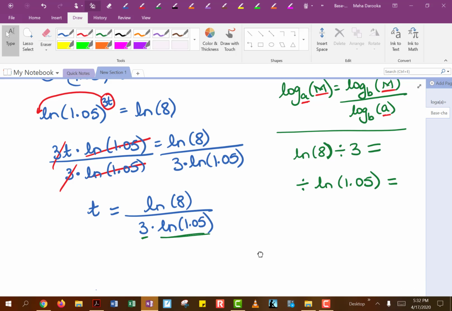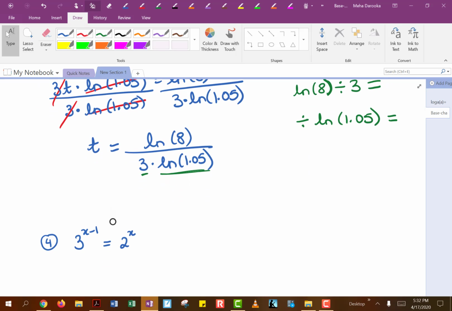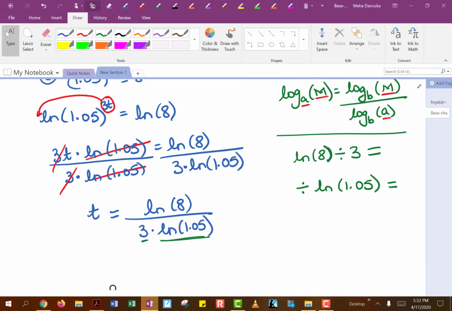And when you go through this example, you should end up getting an approximate value. And again, since we're using the base change formula here, we're going to round this to 4 decimal places. So approximately this comes out to be 14.2067 when we round it to 4 decimal places.